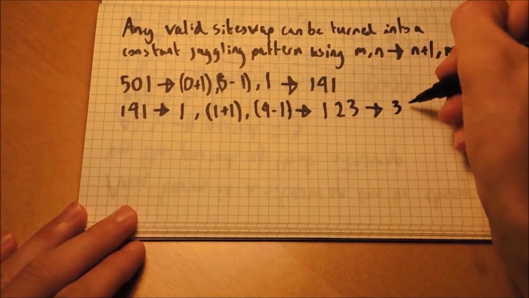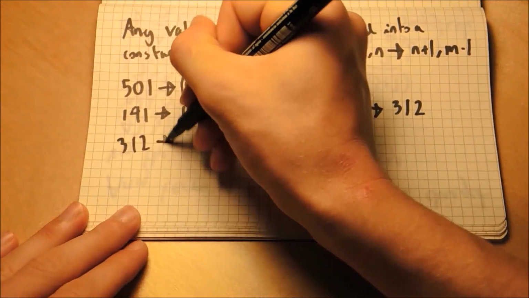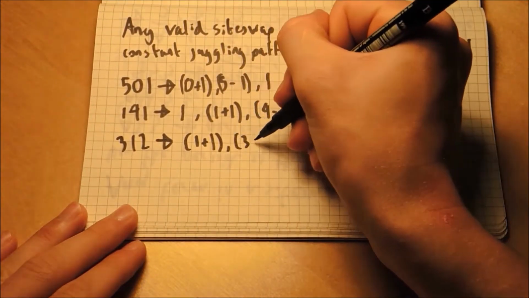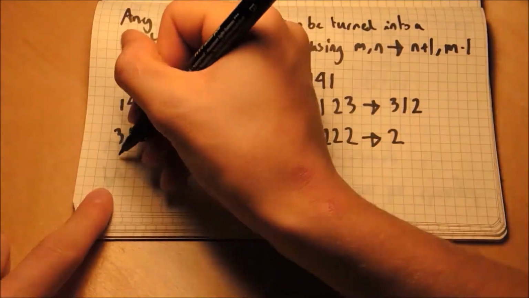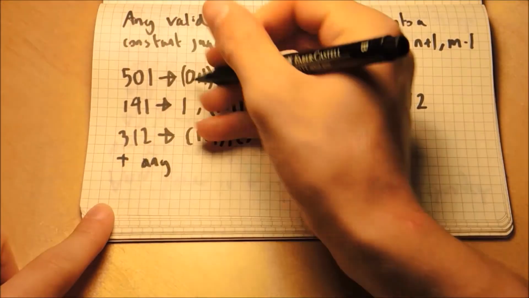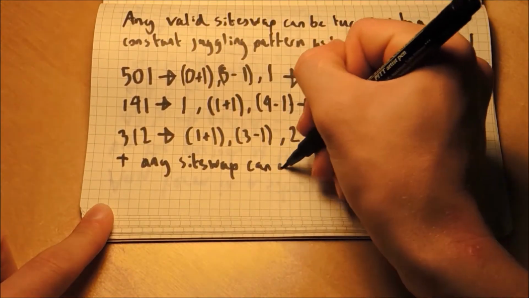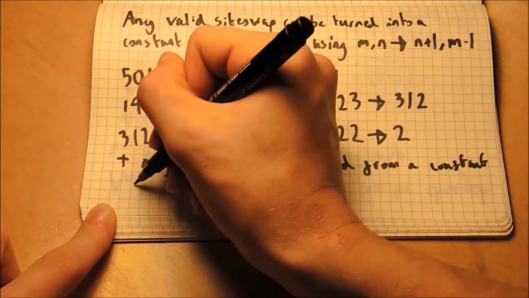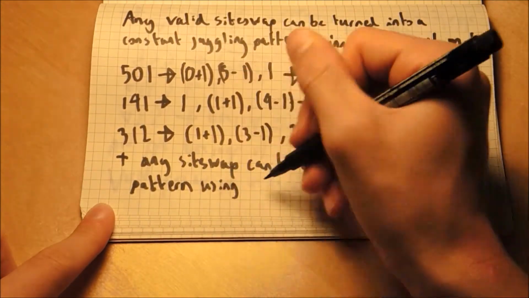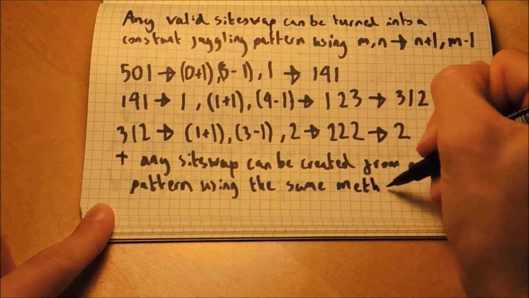We turn this around so it's 3, 1, 2. We get 3, 1, 2, we swap the 3 and the 1, and we end up getting 2, 2, 2. So the constant juggling sequence is 2. Another implication of this is that any siteswap can be created by permuting a constant juggling sequence. So, like we just saw, you can create 501 starting with just 2's.